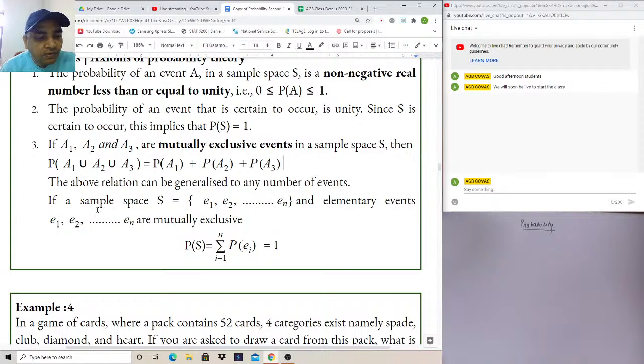The above relation can be generalized to any number of events. Simply, P(S) is equal to the summation of P(Ei), where Ei is an event. If we add all the probabilities of all the events, it will come out to be 1.